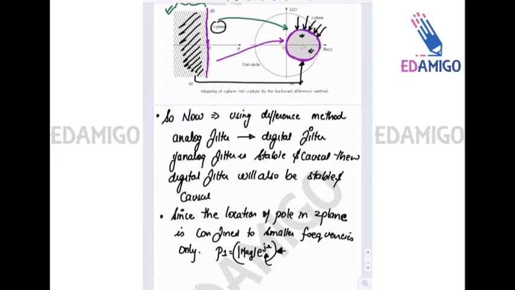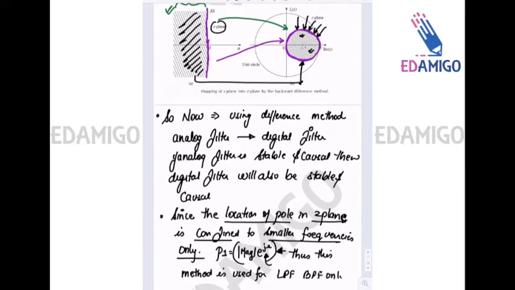So since the location of pole in the Z plane is confined to the smaller frequencies only, this method is used for low pass filters and band pass filters only.